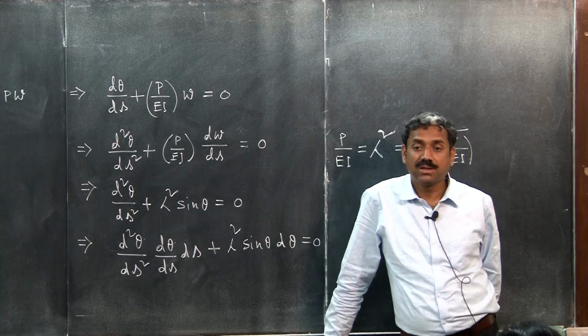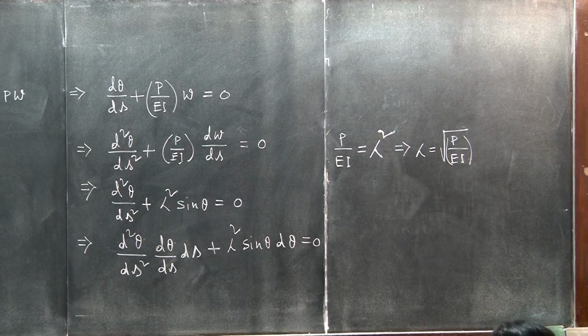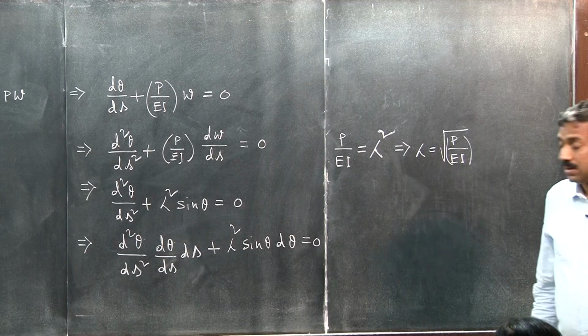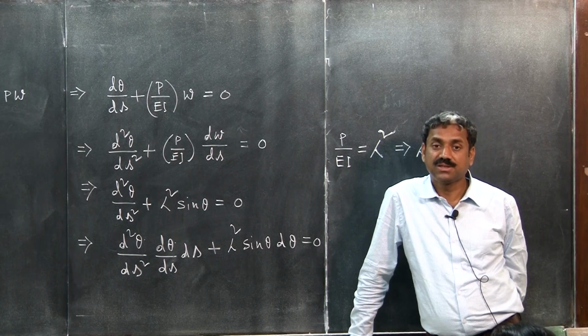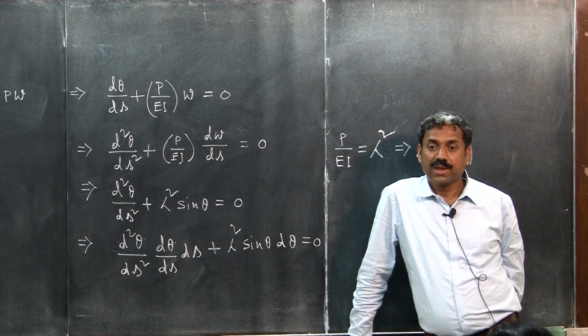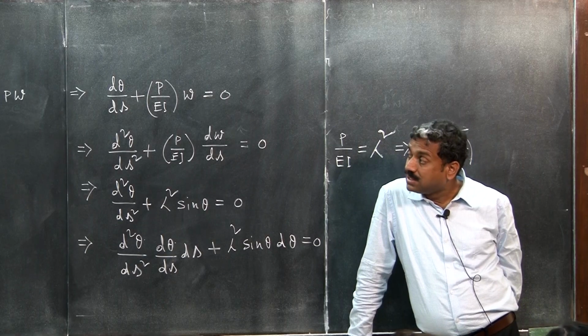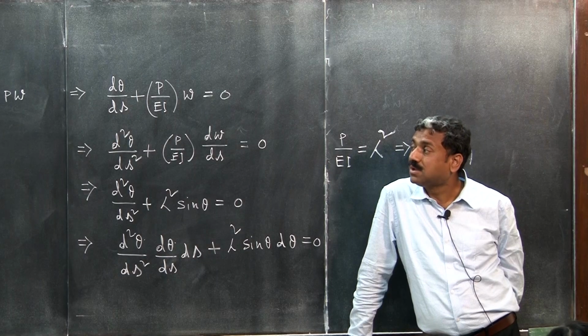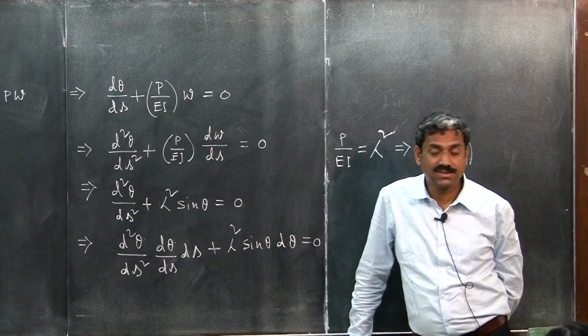Nowhere have I highlighted the small deflection assumption. There is no assumption of small deformation. This is a large deformation theory of beam column, and that's why, when we consider large deformation of a column, this is called Elastica. It's a little fancy name, Elastica.